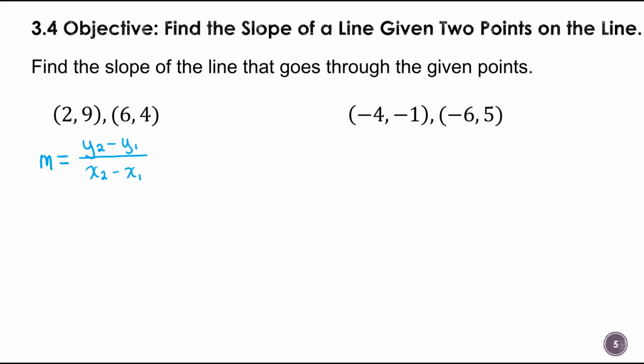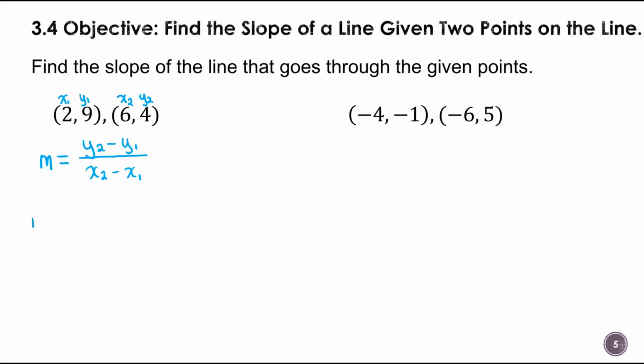And same thing with the y sub 1 over the x sub 1. So that's an important part. If you get that mixed up, then you just change your sign. So we'll label this first: x sub 1, y sub 1, x sub 2. Then we're going to substitute.